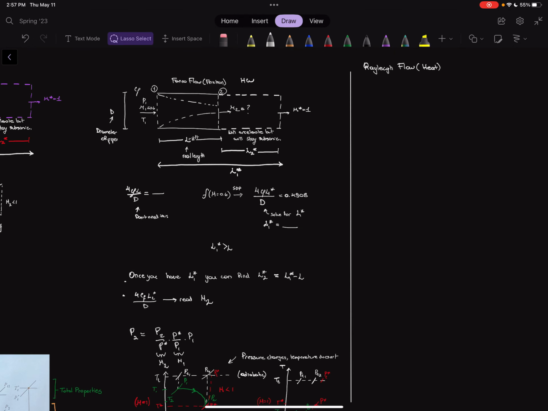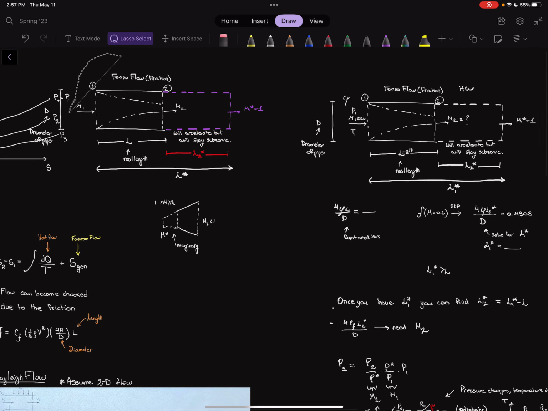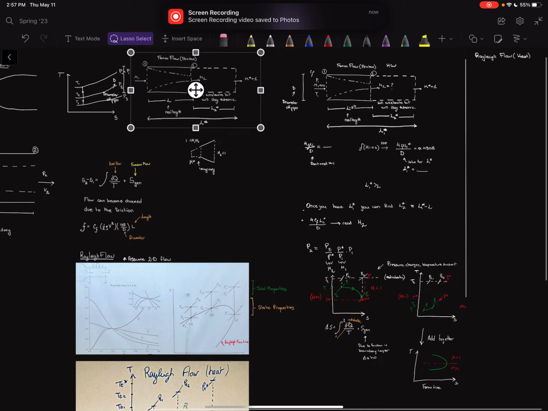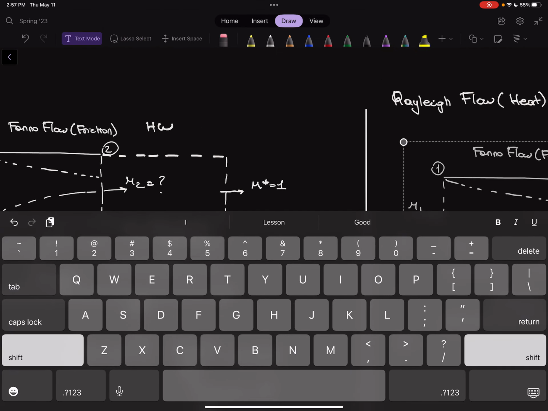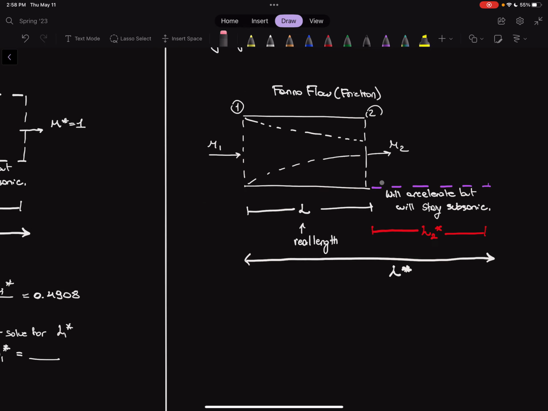All right, so Rayleigh flow. I'm gonna keep the TS diagram so I can erase the boundary layer now.